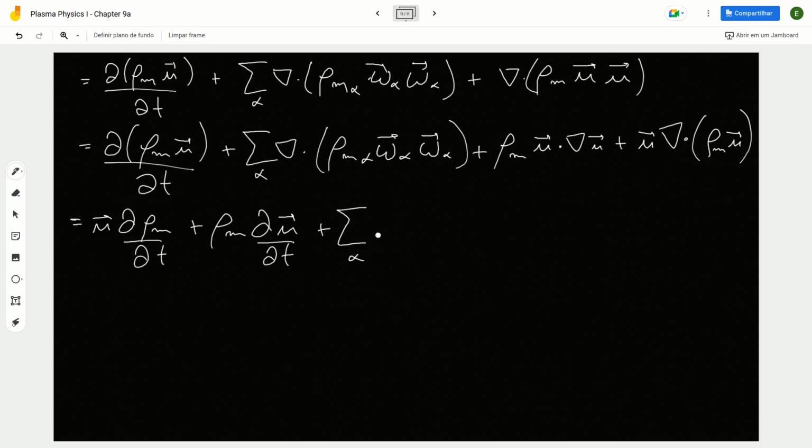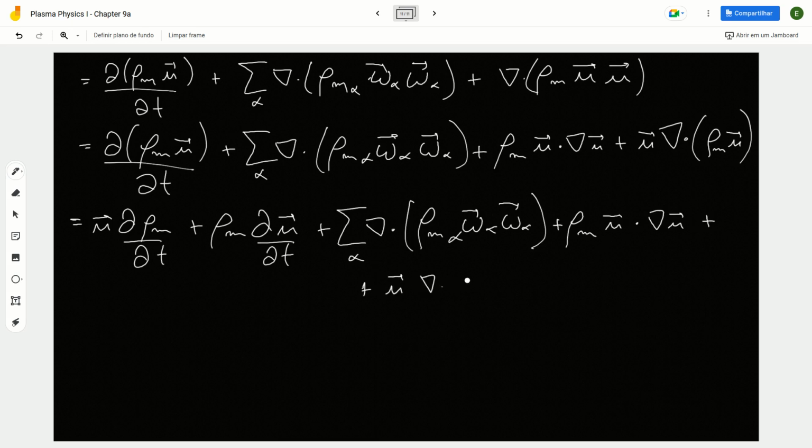And for the rest here, I can just repeat it: rho m u plus u divergence of rho m u. Now what do we need? Oh, good. Look at this.